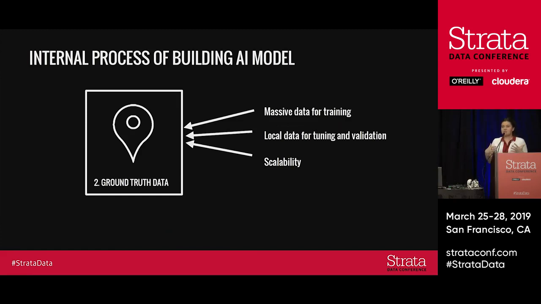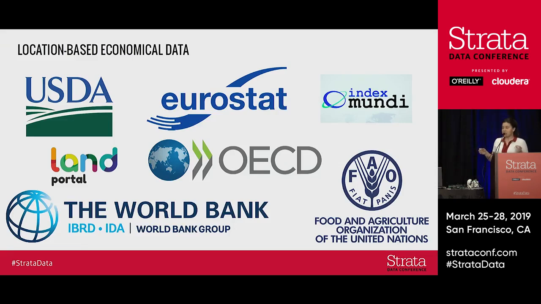The second challenge, in the second part of the process of building the model, is to have the ground truth data. This is currently the most challenging problem because it is different from country to country and from region to region, and that prevents scalable and repeatable solutions. Even though there's huge success with US crop mapping, it's not as successful for other regions. There are a lot of different sources where it's possible to collect data for free.